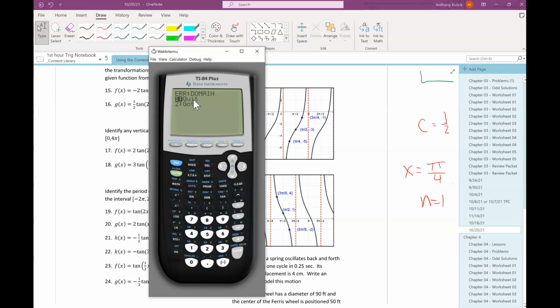What I'm getting here is a domain error, saying that what you're asking for is undefined. I could check each one of those values that I came up with, and it would give me the same error every time. As opposed to, say, if I did pi over 3 or something, it just spits out a number. Does that feel okay? Yes. So again, you can check stuff like that with your calculator.